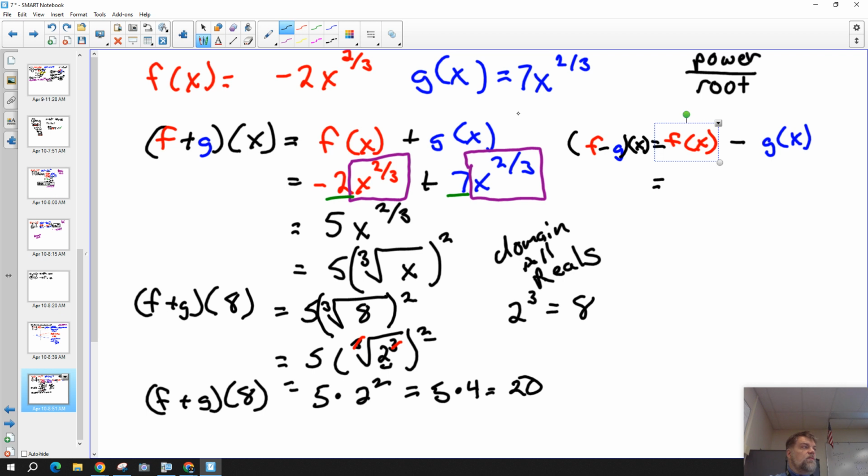So what does that mean? Well, it's the exact same thing, except now I'm going to say negative 2x to the 2/3, but now I'm going to subtract 7x to the 2/3. Again, we combine like terms. Negative 2 minus 7 is negative 9.